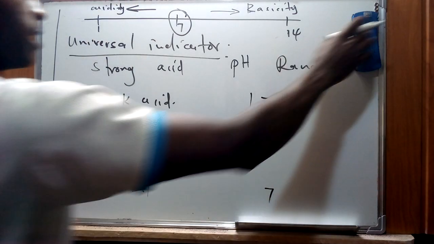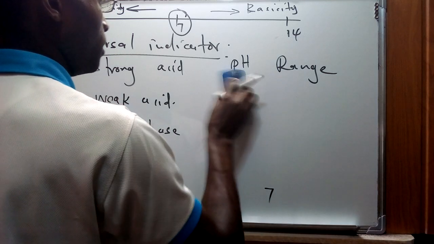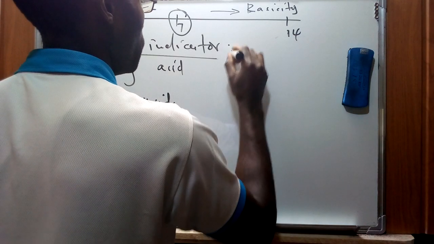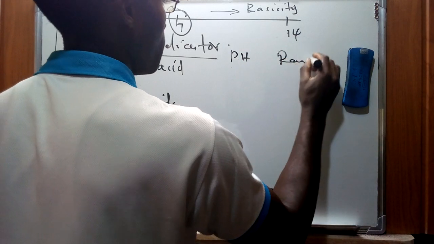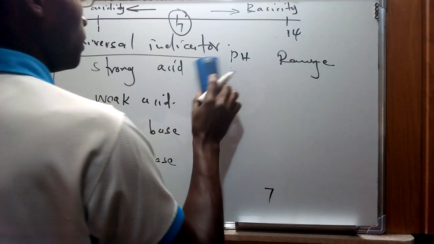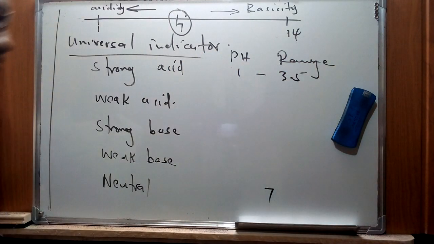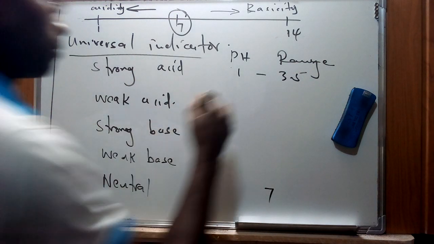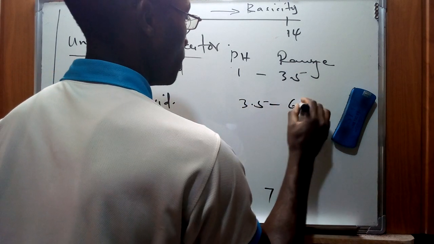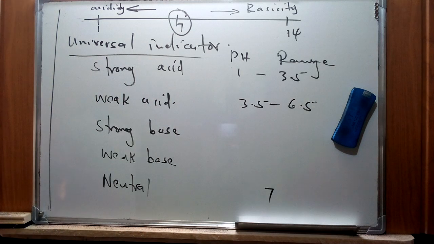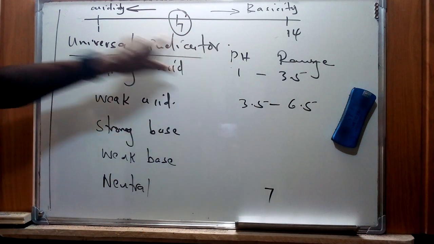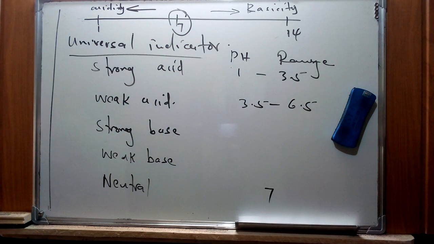So for strong acids, this is a pH range from 1 to 3.5. Then from 3.5 to 6.5, these are weak acids. This is in reference to this range of numbers on the pH scale.